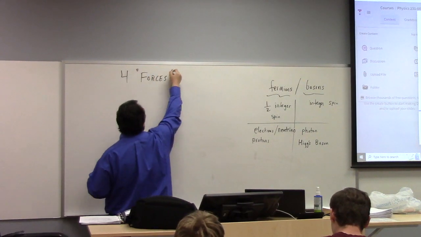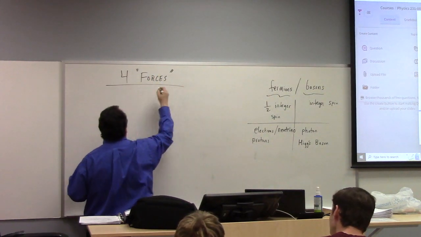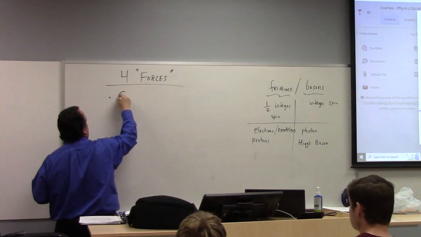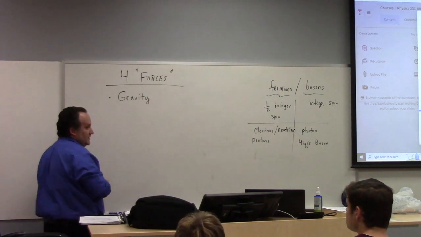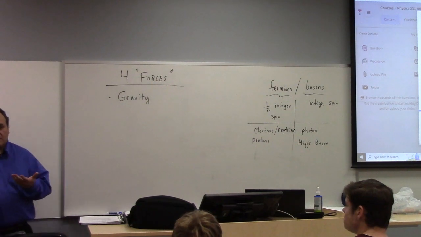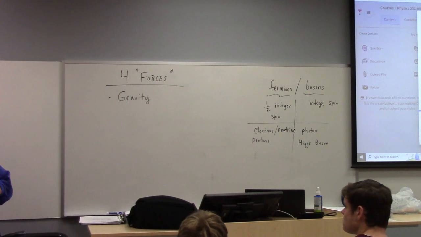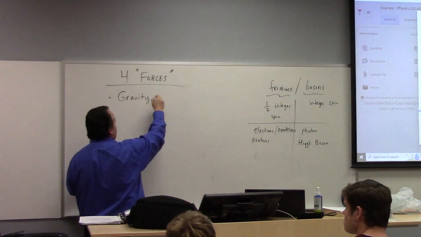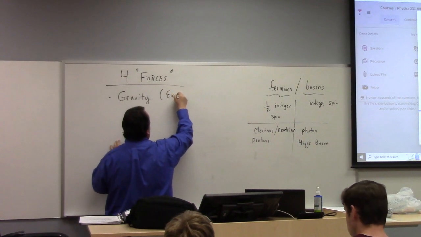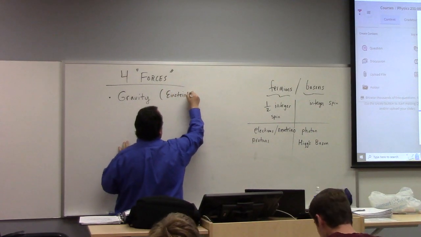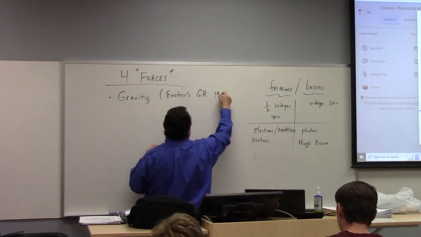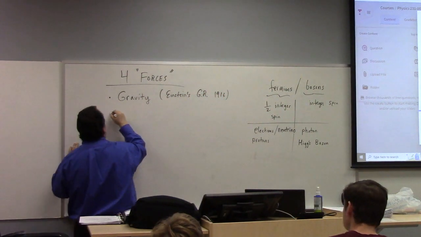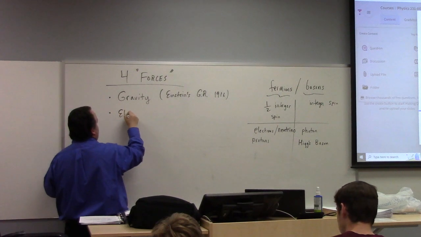I put some quotes on that because that's probably not really the right thing to call them. There is gravitation, or just say gravity for short. Now gravity, as we currently understand it, is probably best described by Einstein's general relativity, 1916, okay? And then there is electromagnetism.